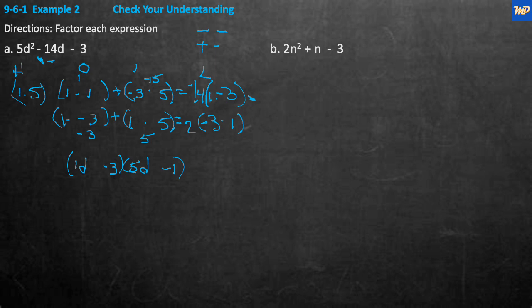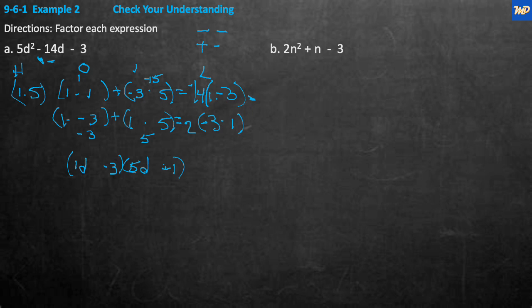And a negative 3 times a negative 1. Oh, no, is that negative 3? No, it's not negative 3. Oh, it is negative 3 and 5. Oh, this is 1 times 1. This is not a negative 1. This is a positive right here. Right here is a positive 1.